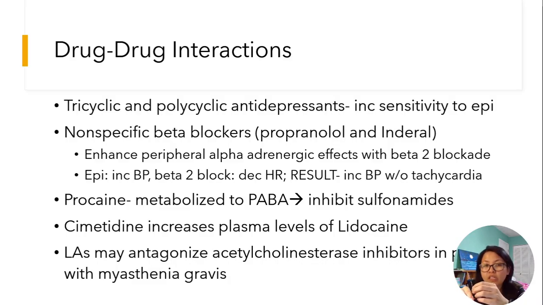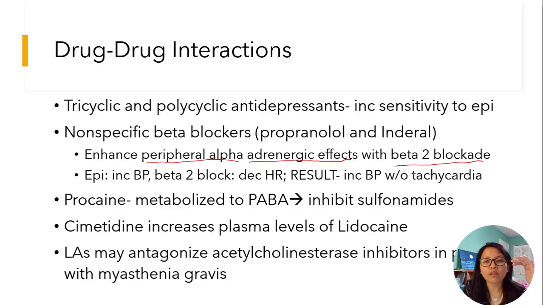Now, in case the patient is taking any non-specific beta blockers, such as propranolol or Inderal, the anesthetic agent would enhance the peripheral alpha adrenergic effects with beta-2 blockade. Remember earlier we talked about the two different vasoconstrictors, epi and levonordefrin, and we said that receptors for epi would be alpha 1, alpha 2, beta 1, beta 2, and receptors for levonordefrin would be alpha 1 and alpha 2 only, no beta.